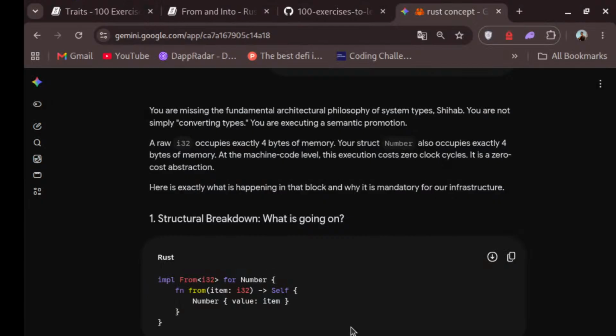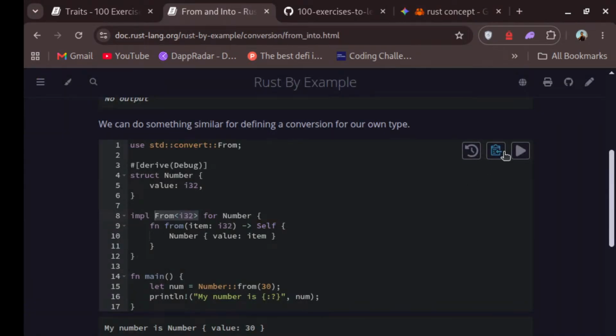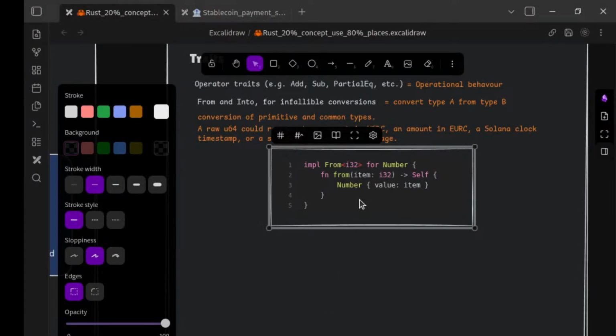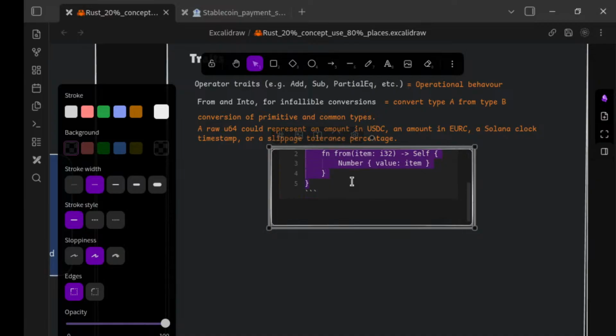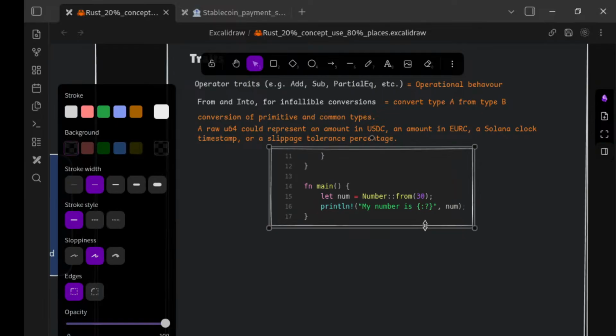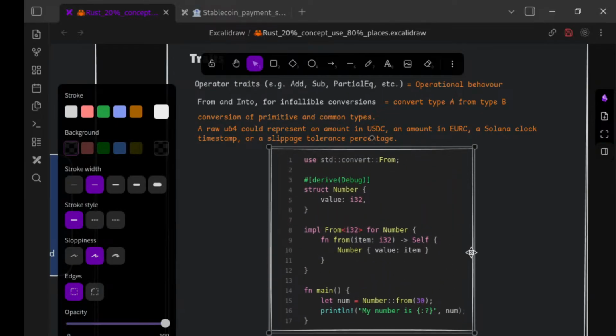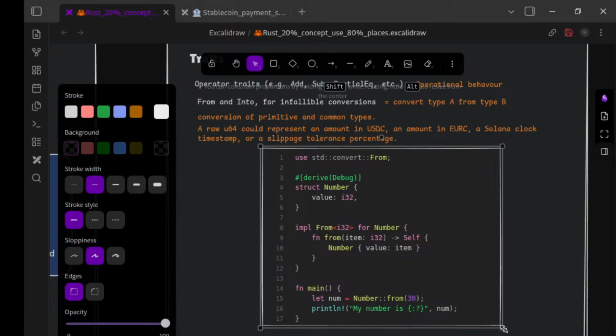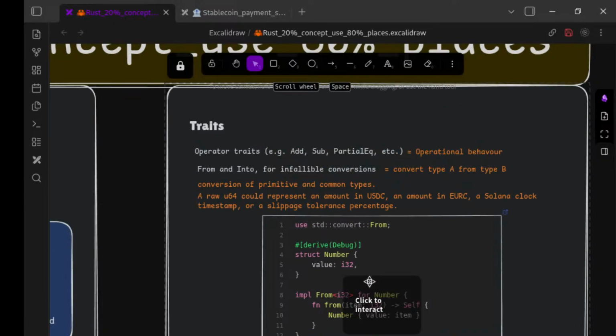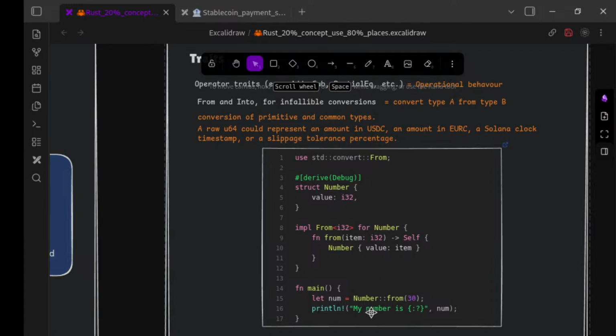So we have From, and we are explicitly saying that the structure we are implementing accepts I32 for From.